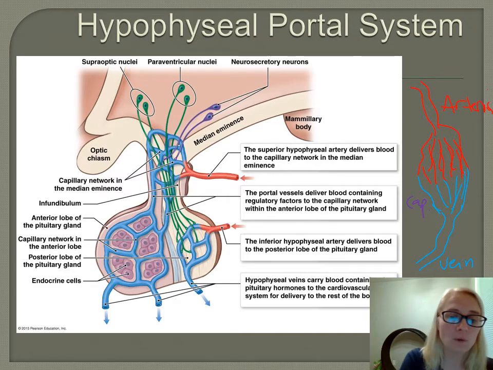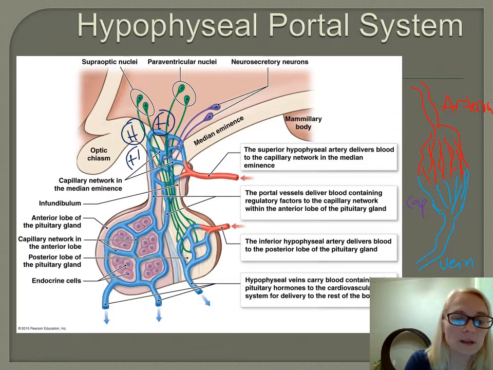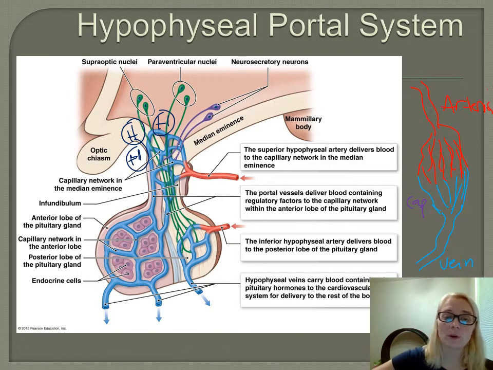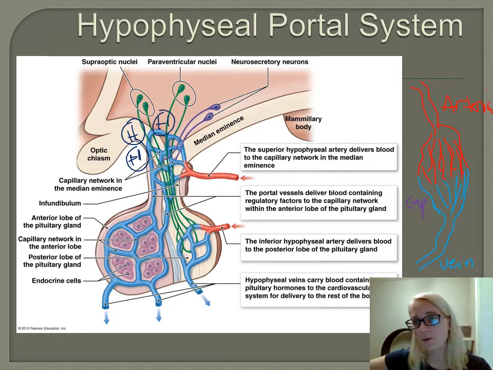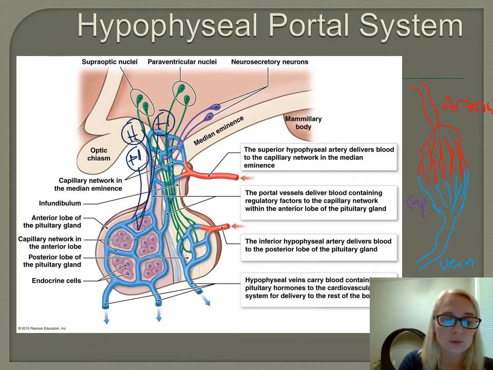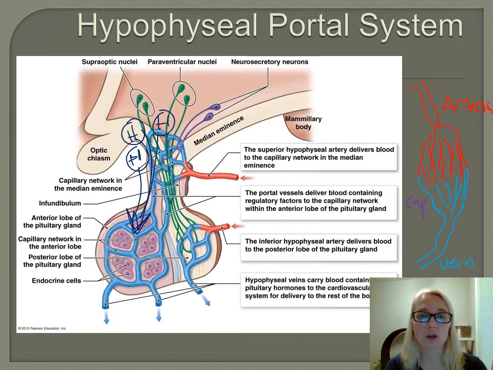So if you have a hormone being secreted in the hypothalamus, and your destination is the pituitary gland, you don't want to have to send that hormone into general circulation, back to the heart, out to the lungs, back to the heart, out to the body to get back to the anterior lobe of the pituitary gland. You want a shortcut. And so that's exactly what the portal system does. It allows for these hormones to go directly to their target without having to go all the way through the rest of general circulation.